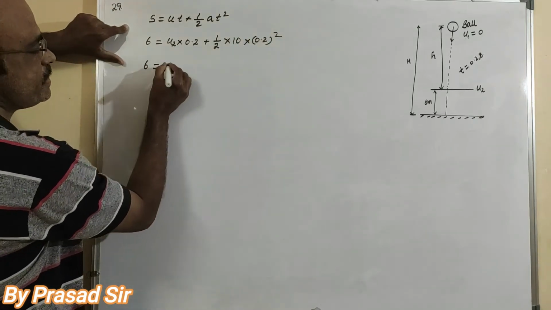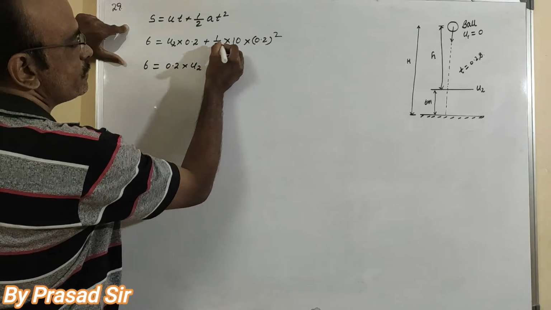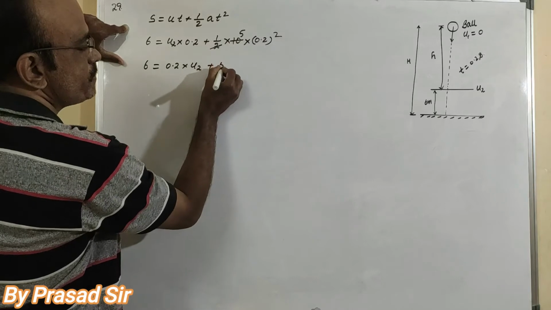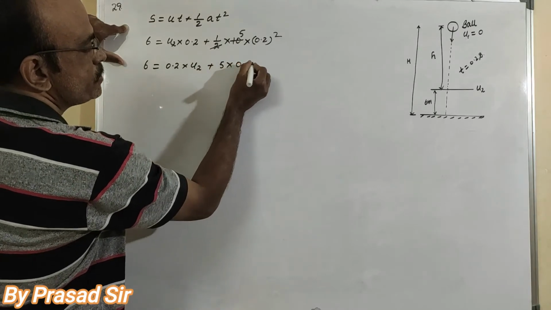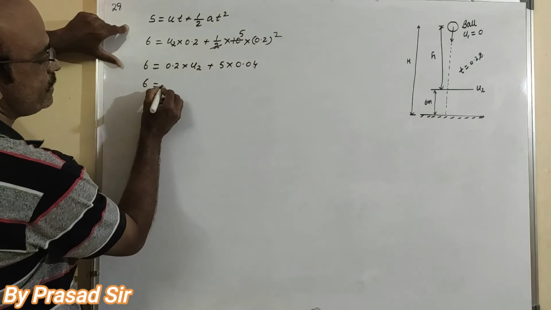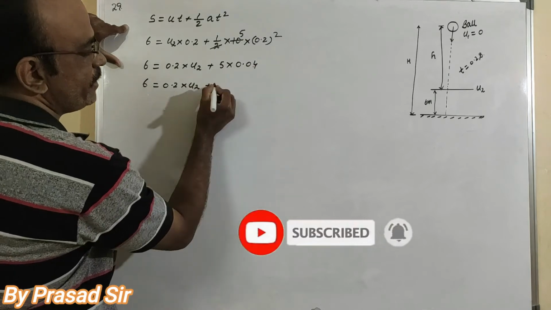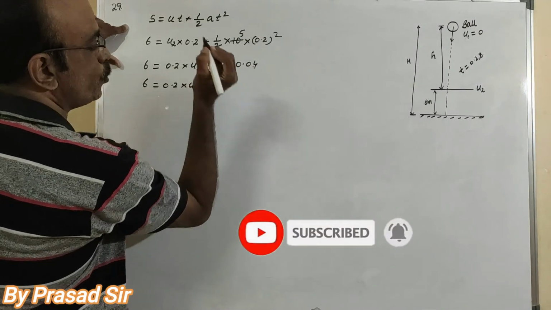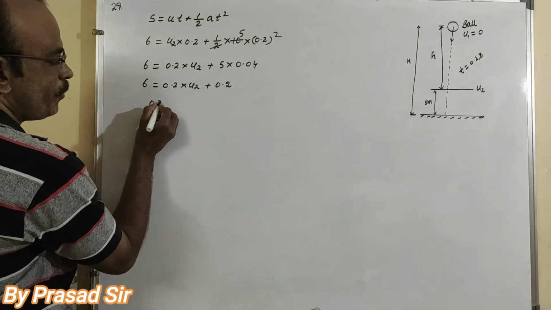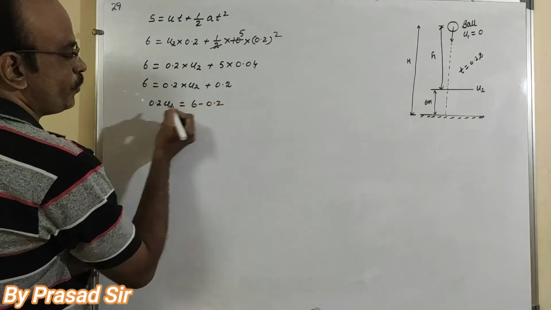That means 6 is equal to 0.2 into u2 plus 5 into 0.04. So here 6 is equal to 0.2 into u2 plus 5 into 0.04, that is 0.2. So here 0.2 into u2 is equal to 6 minus 0.2.